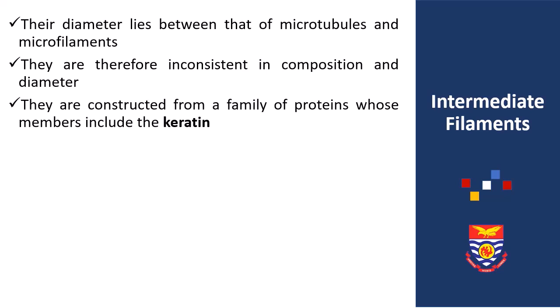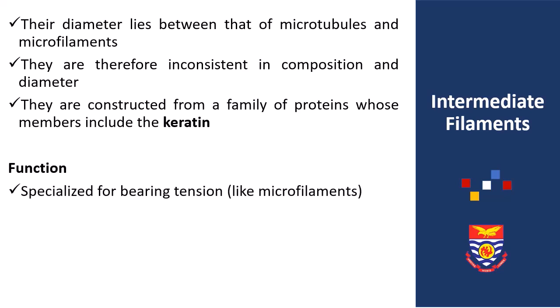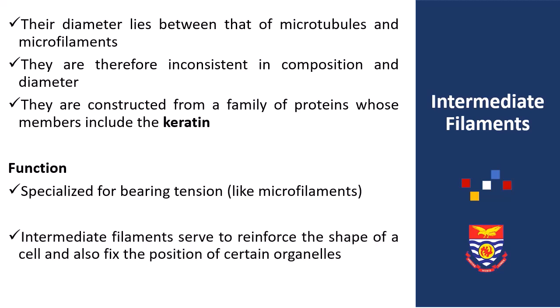They are made up of a protein family, which includes keratin, and the function of the intermediate filament is similar to that of microfilament in that they are specialized for bearing tension, as against compression resistance by microtubules. The intermediate filament also helps to reinforce the shape of a cell and also fix the position of certain organelles.